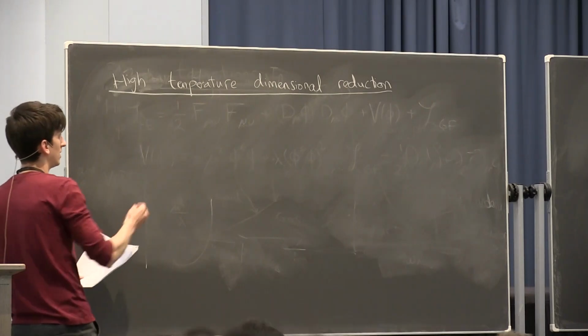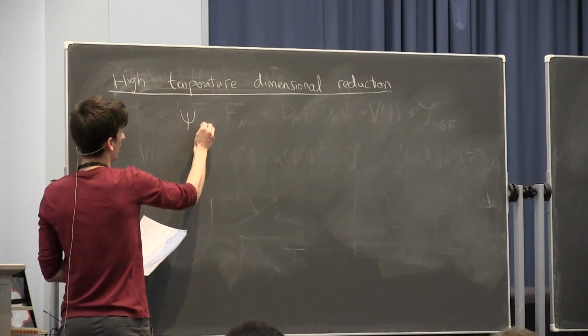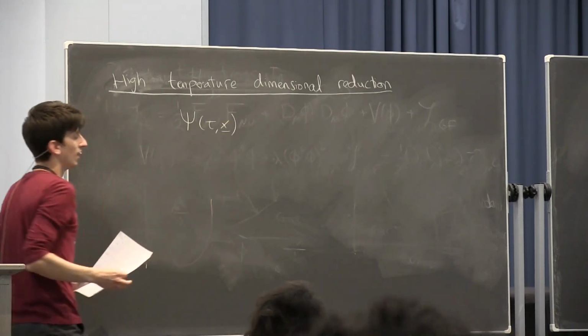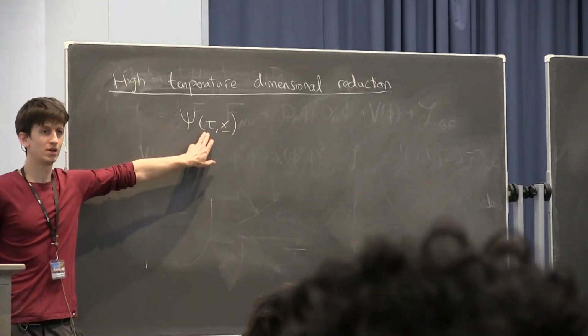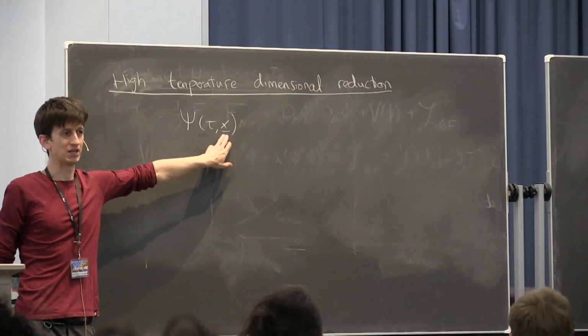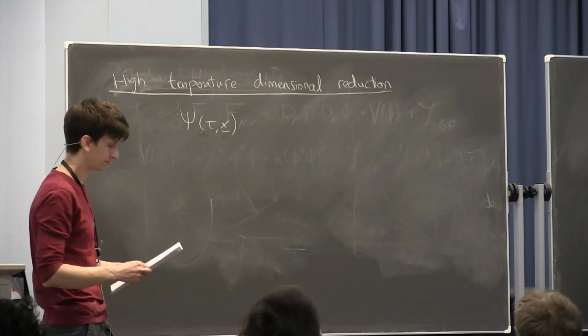So, in finite temperature, in the imaginary time formalism, our fields are a function of tau, which is this imaginary time which goes from 0 to beta, and x, which lives in 3 space.